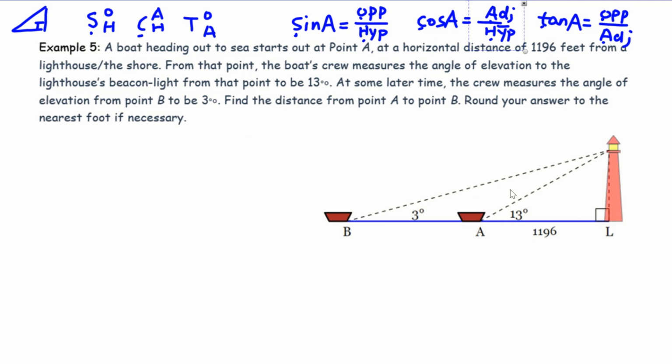So this is an application. A boat heading out to sea starts out at point A, where its horizontal distance from a lighthouse is 1,196 feet. From this point, the boat crew measures an angle of elevation, meaning from the horizontal looking up, of 13 degrees to the top of this lighthouse.